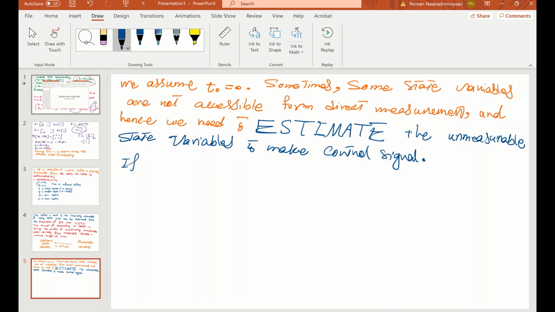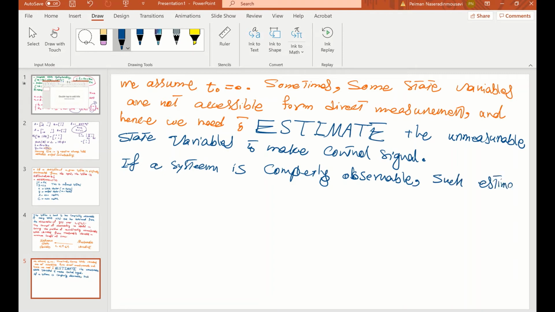If a system is completely observable, such estimates are possible.